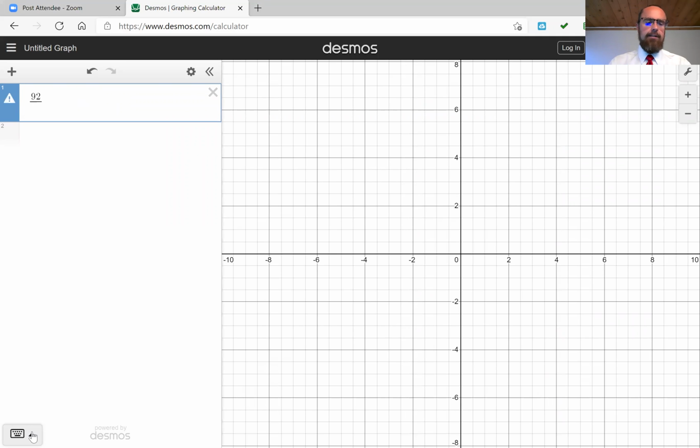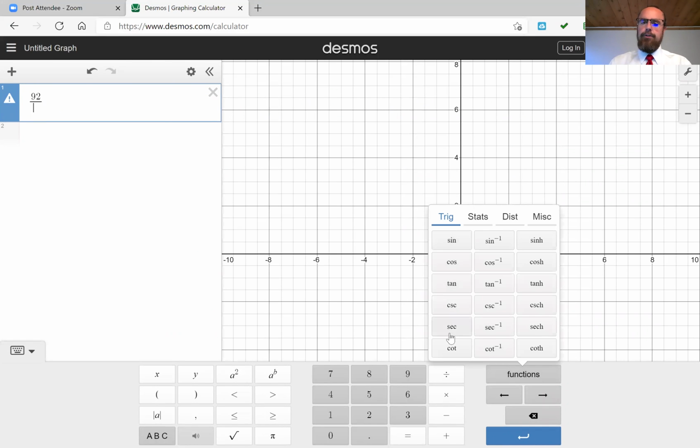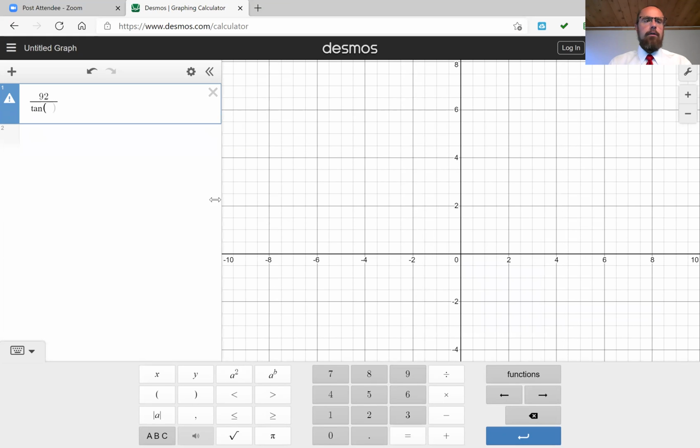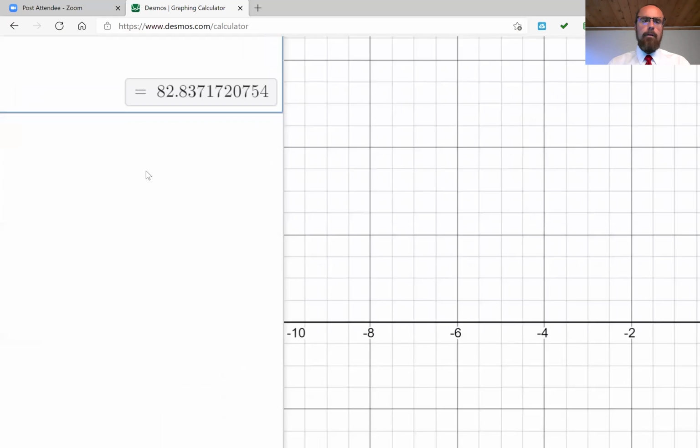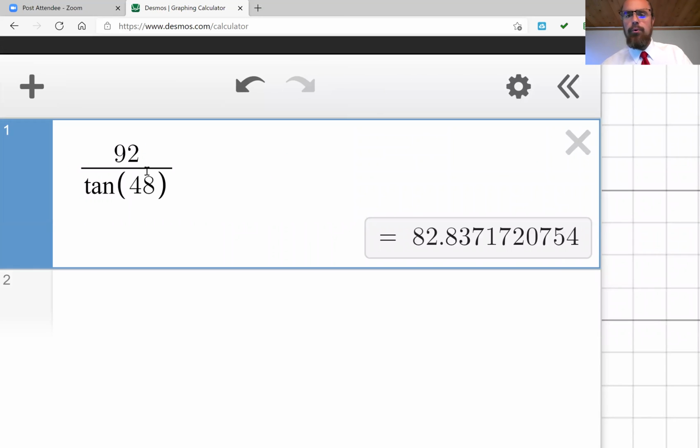And I can find the tangent function under the keypad in the first tab of the functions, and it's here in the first column. So 92 divided by tangent of 48 degrees. And right away, that's giving me a side length of 82.84.